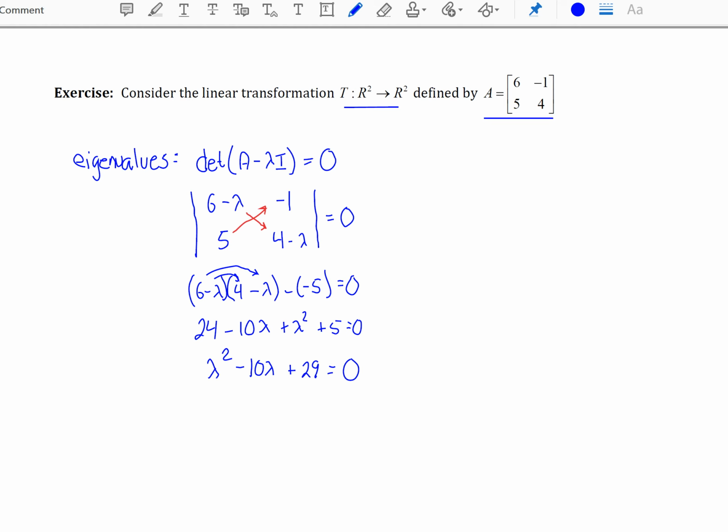Now we're looking for the solutions to this equation, and it happens to not be factorable. So we choose to use the quadratic formula. So notice here that the quadratic formula will give you lambda, the opposite of b, so 10, plus or minus the square root of b squared. And when you square negative 10, you'll get positive 100, minus 4 times the product of a and c, which is 29, all over 2a, or just 2.